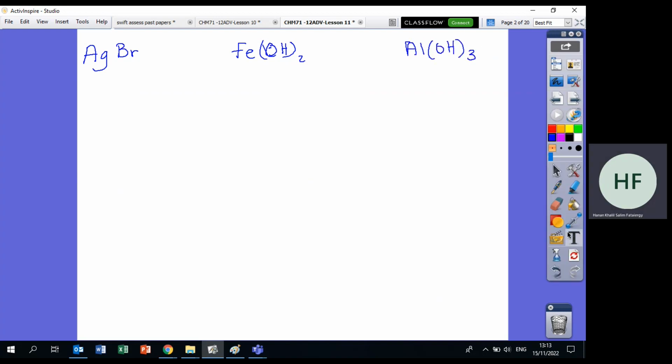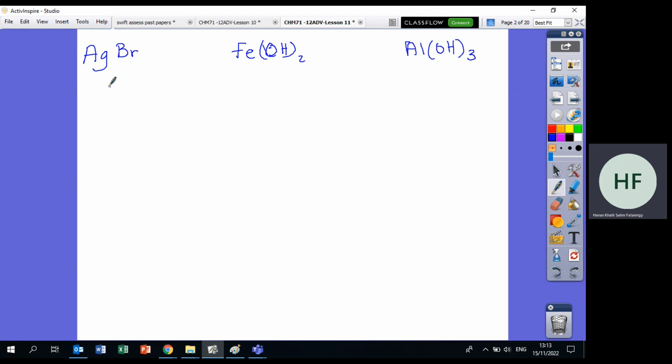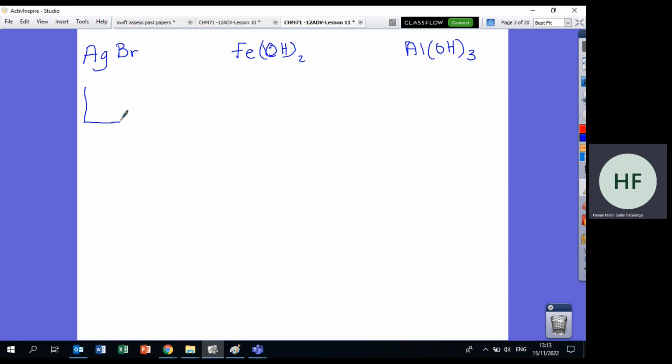I want you to notice the difference between dissolving these three salts in water. When AgBr is dissolved in water, what does it dissociate into? Simply Ag+ and Br-. All these three salts are slightly soluble. In this lesson we will speak only about slightly soluble salts, meaning part will dissolve and part will stay in the bottom.